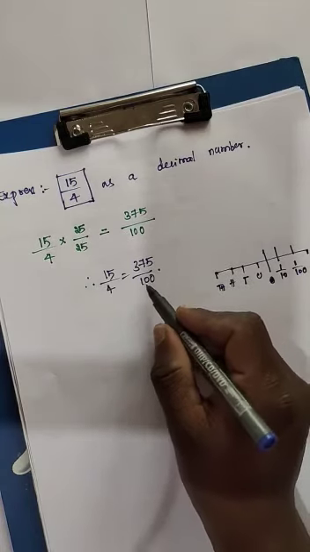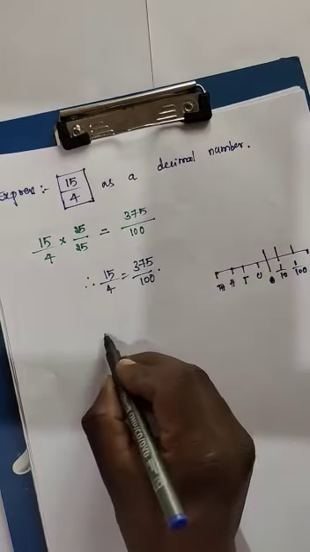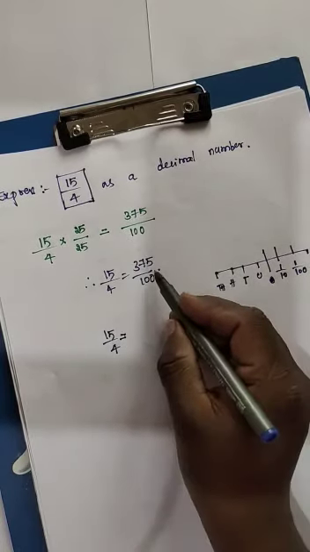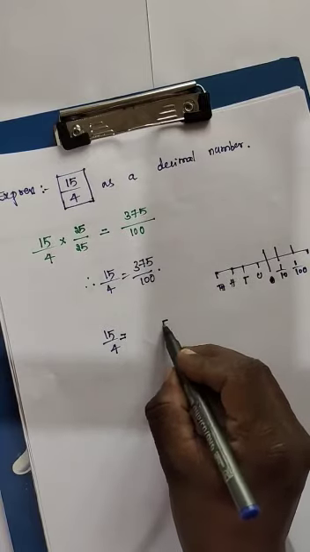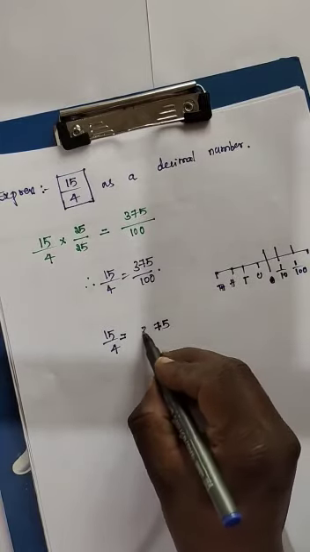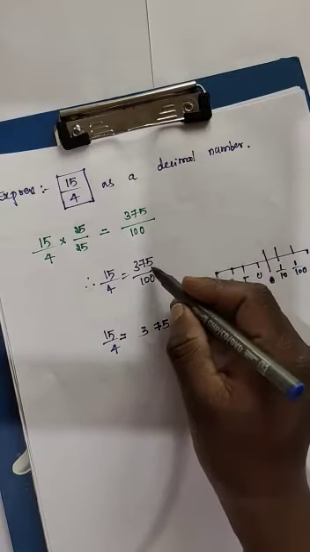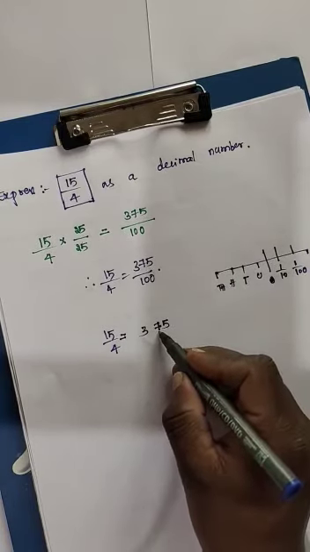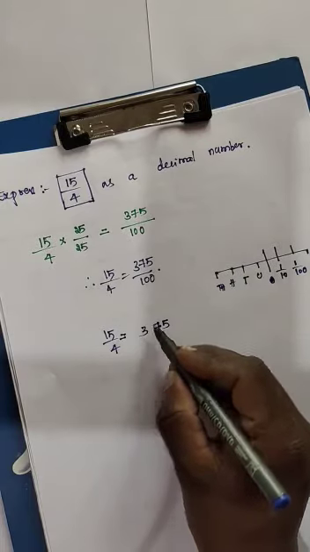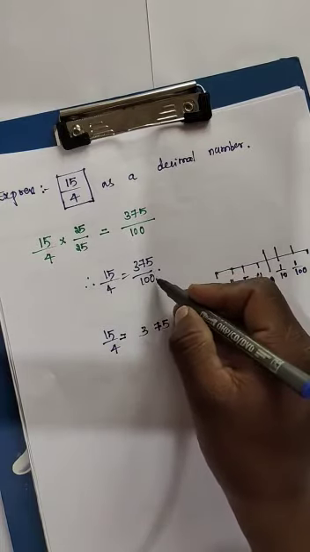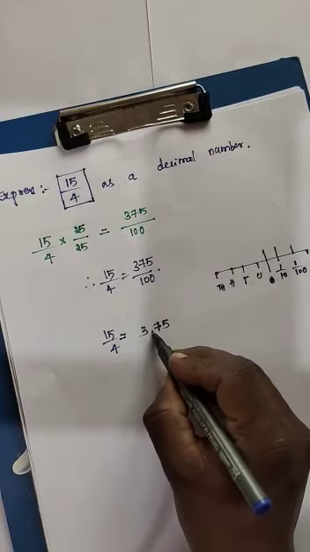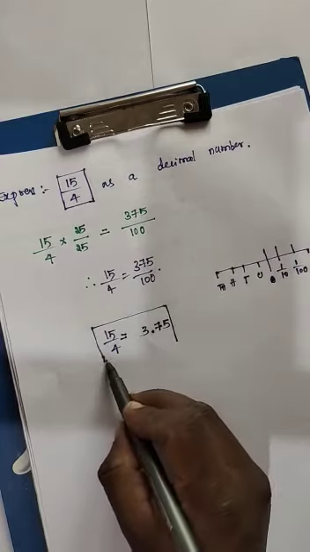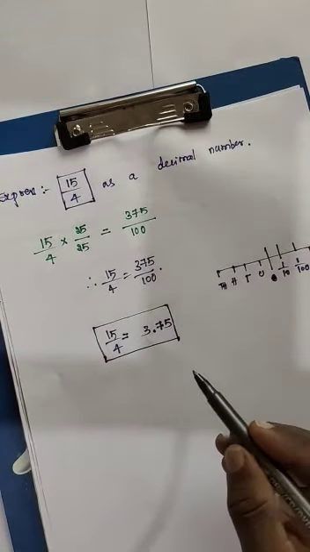Yes, there are 2. Hence 15 by 4 can be written by putting the decimal in 375, one zero and a second zero. So we divide 375 by 100, we get 3.75. Is it clear to all children?